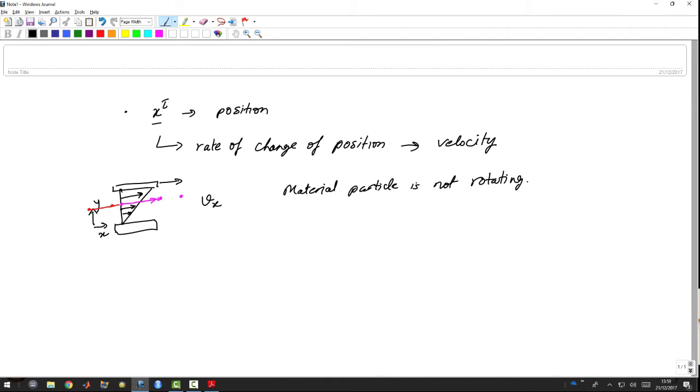However, locally what happens? If we take a very small portion of this and zoom out, and let's say I put a small object like this in the flow, the top end of the object has slightly higher velocity than the bottom end. Of course, this overall object will move just the way these material particles move. We saw that a material particle was here and then it moved here, or in the past it was in some other locations.